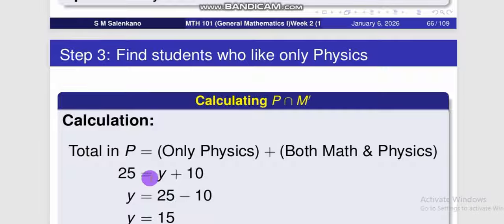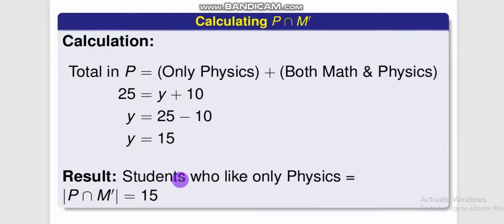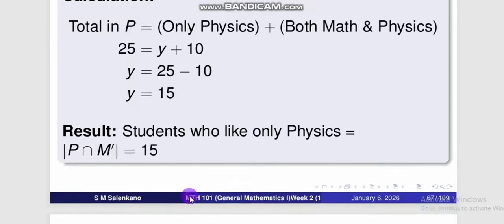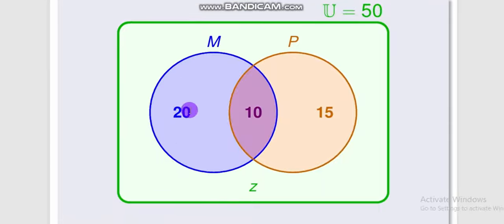So only physics, we don't know, we put Y, plus both math and physics we are given 10, so we put 10. So our Y will now be this 25 minus 10, and we get our Y as 15.